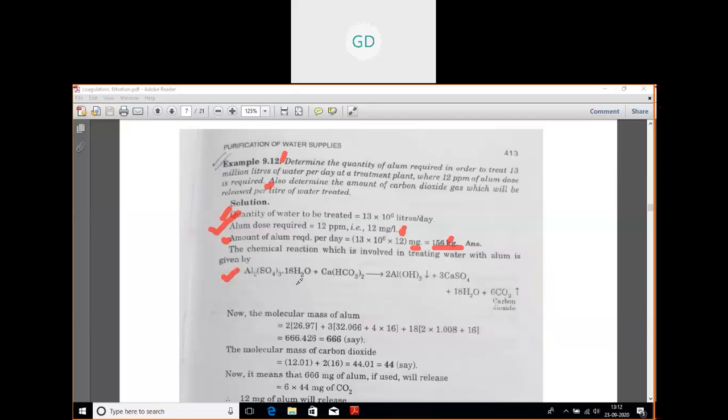Since we need to find the carbon dioxide gas and the amount of alum, first we need to find the molecular mass of alum. This is your alum formula, aluminium sulfate. First we will find the molecular mass, and for molecular mass you have to remember your class 12 chemistry.